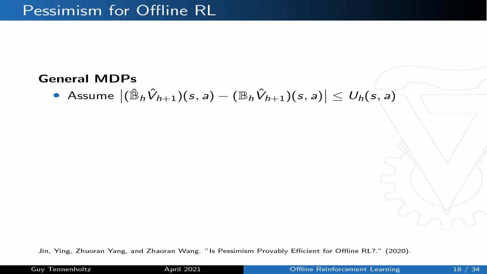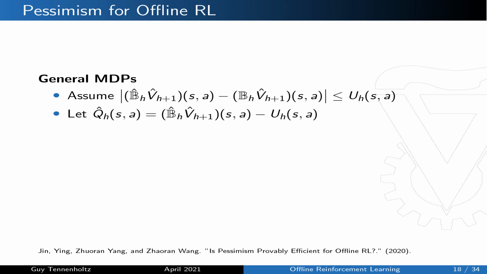And let's assume that for some reason we can bound the error between applying the approximated Bellman operator on our estimated value, and the true Bellman operator. Let's say we have some kind of bound, so we'll call this some kind of uncertainty oracle U over this difference.